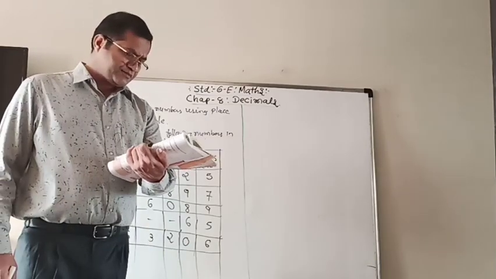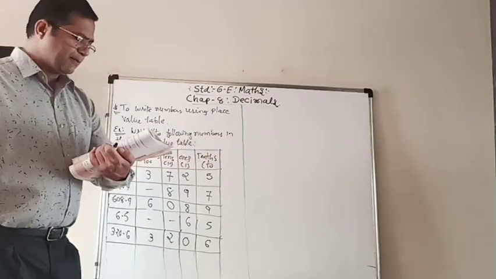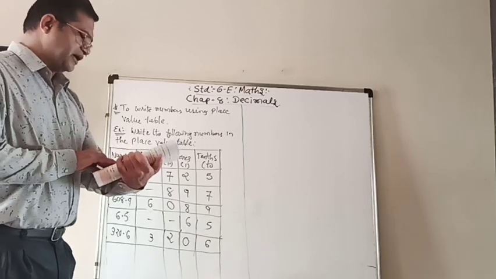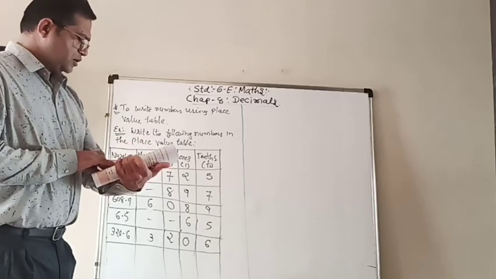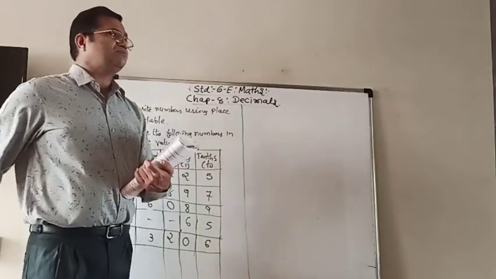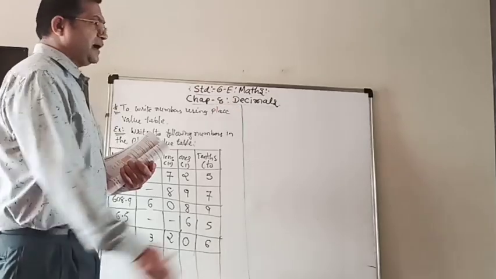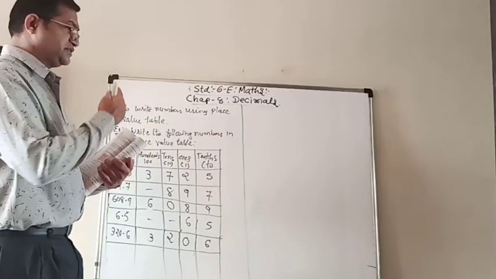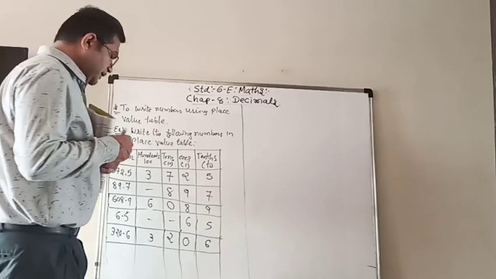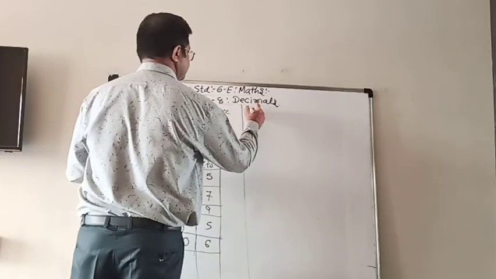So in this way you can write the numbers in the place value table. As I told you, remember to write from the rightmost digit after the decimal and come to the ones place, tens place, and so on. Next examples.